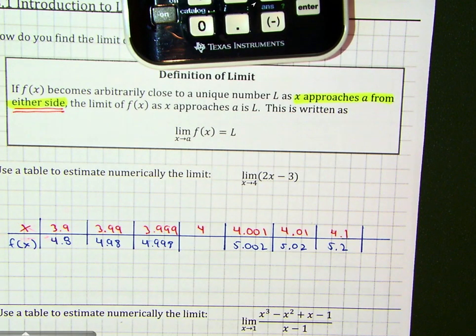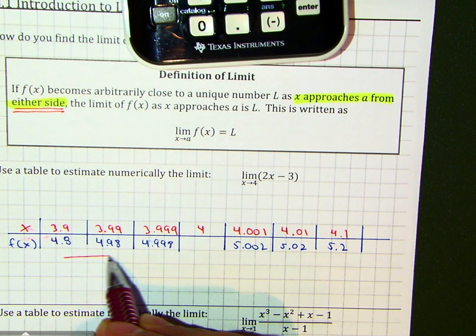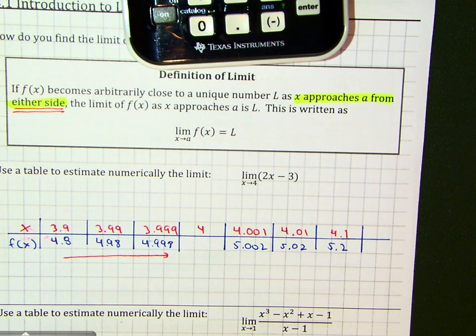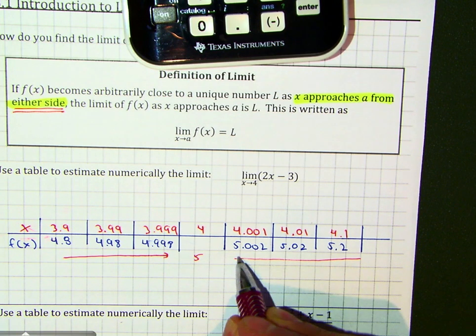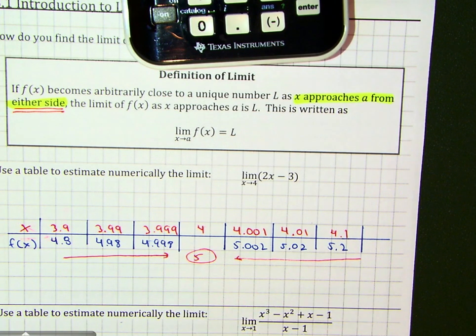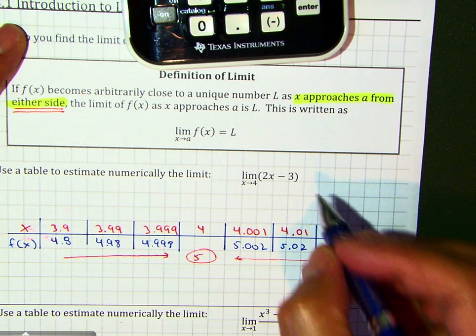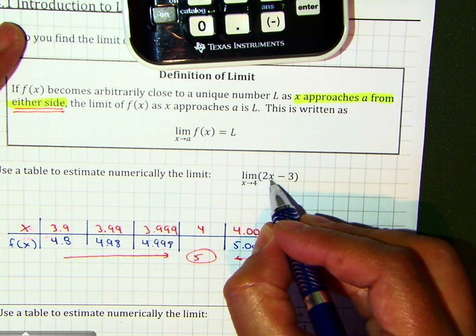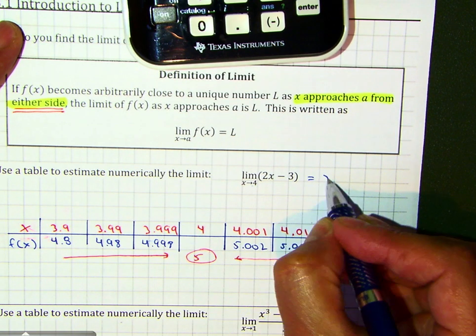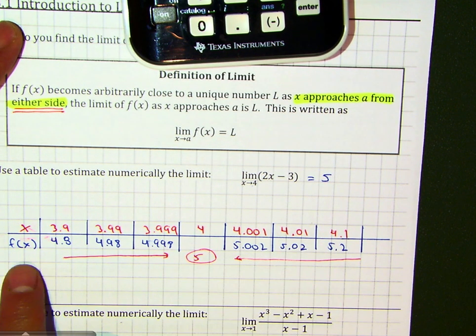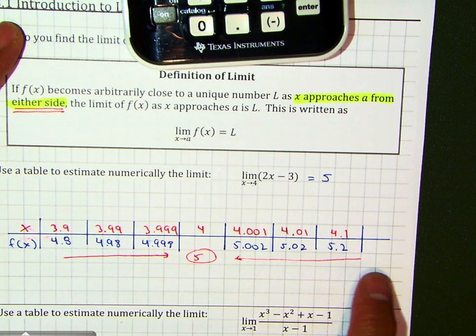Notice that from the left, this number is getting closer and closer to 5, and from the right, this number is getting closer and closer to 5 as well. So therefore we can say that the limit of 2x minus 3 as x approaches 4 is equal to 5, because it approaches 5 from the right and from the left.